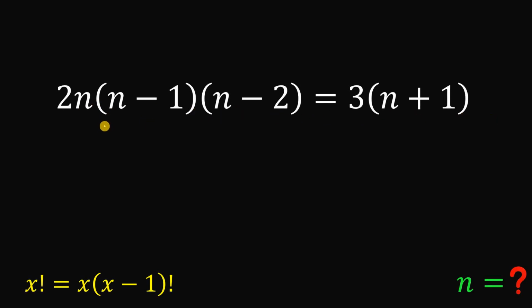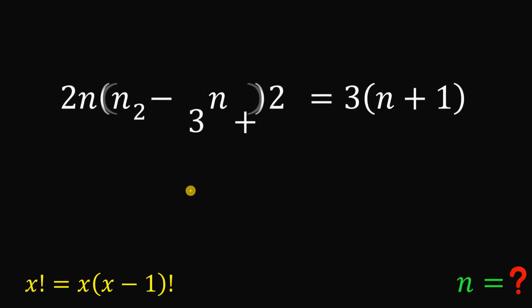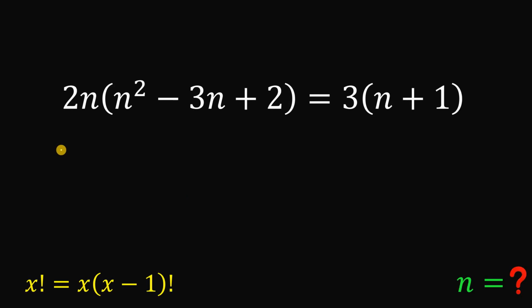Now, if we multiply n minus 1 by n minus 2 using some algebra, we get n squared minus 3n plus 2. So, we can replace this factor with n squared minus 3n plus 2. Next, how about if we multiply 2n to n squared, negative 3n, and positive 2.